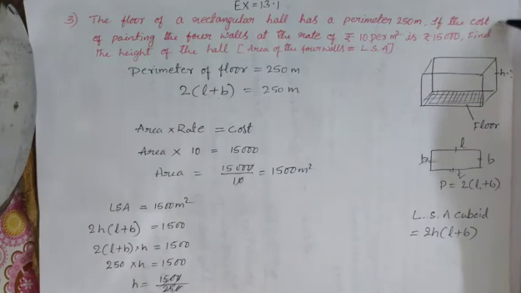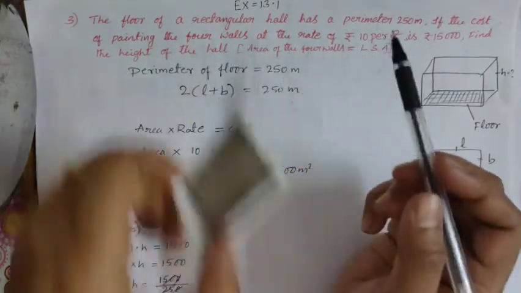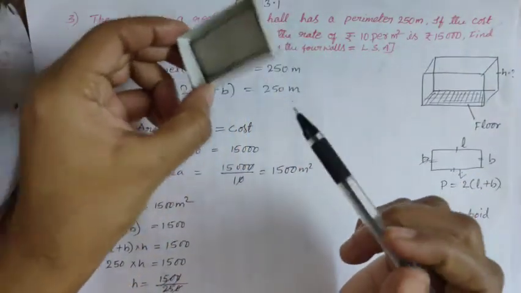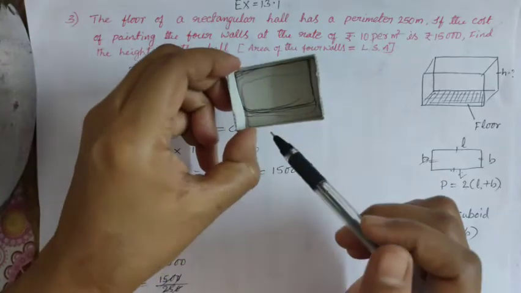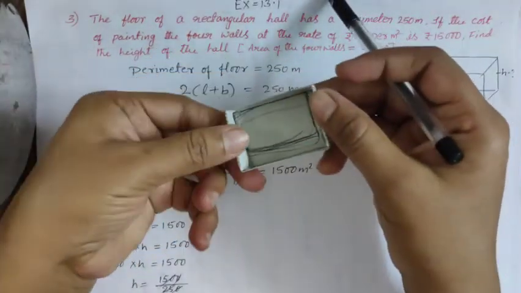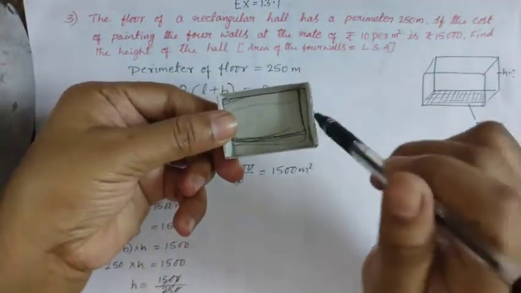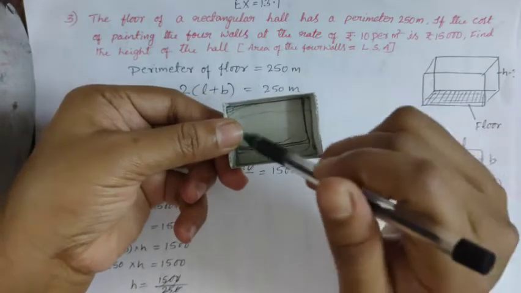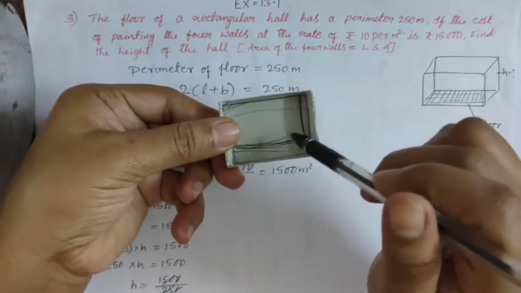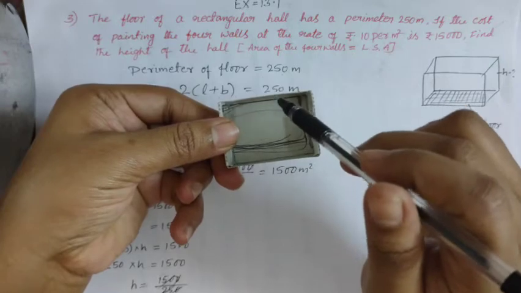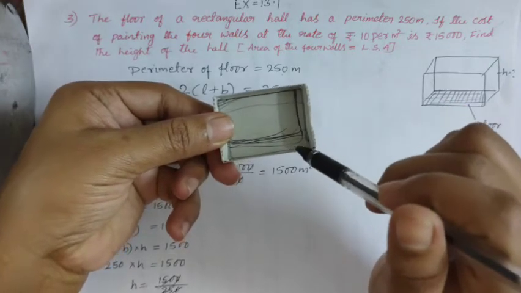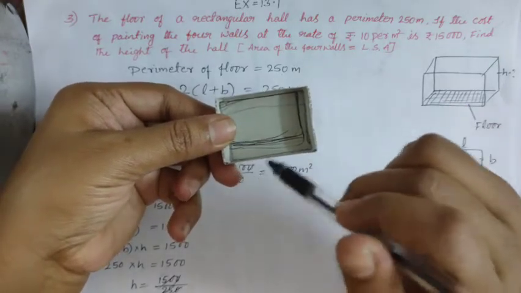Now the cost of painting the four walls, only the four walls. Suppose I want to paint these four walls, not the floor.